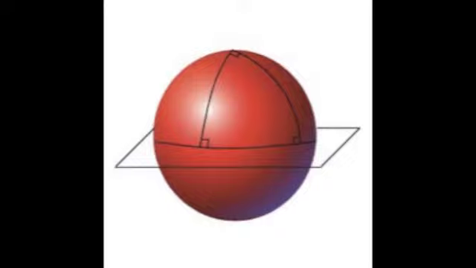The angles between two great circles are measured by calculating the angle between the planes on which the two great circles themselves lie.